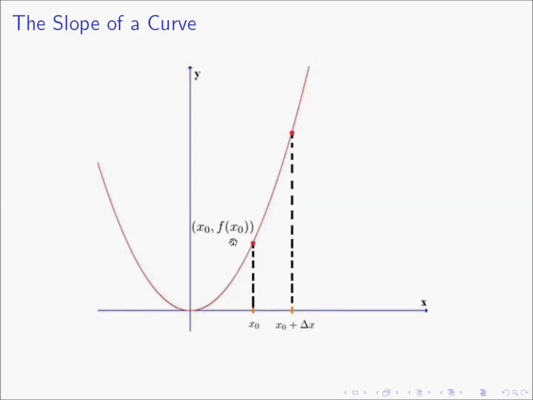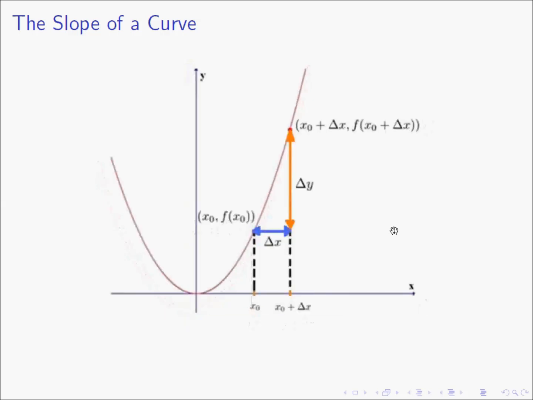This will be f of x0. This will be f of x0 plus delta x. And we define delta x and delta y as these 2 segments here. We already defined delta x as this segment when we took x0 plus delta x, and delta y is this segment.